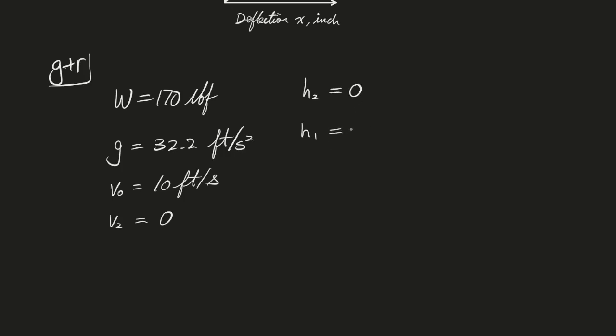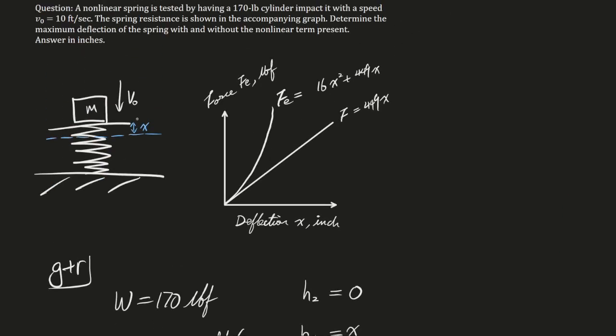H1 is pretty much at X because if you look at this graph, it starts at the impact point, which is the equilibrium height of the spring. At maximum deflection, you've basically traveled a distance of X in inches.